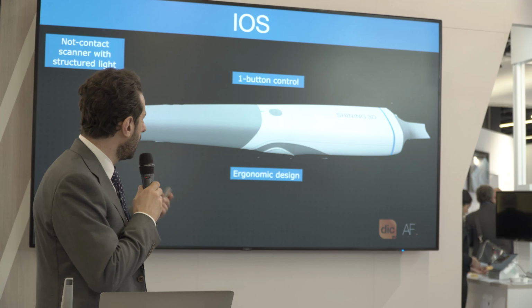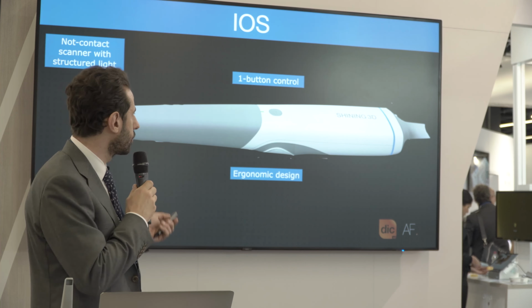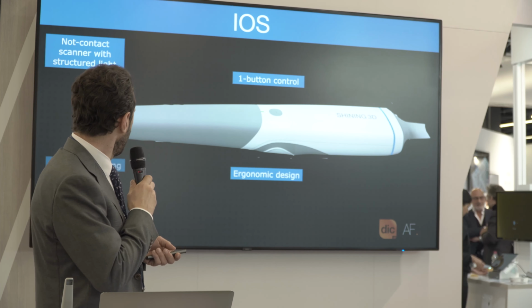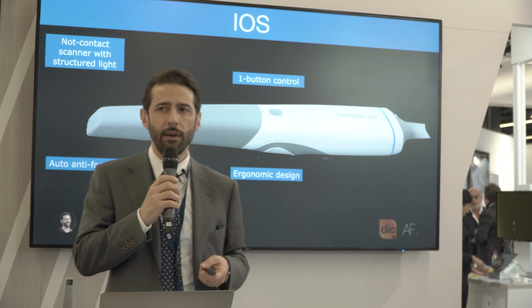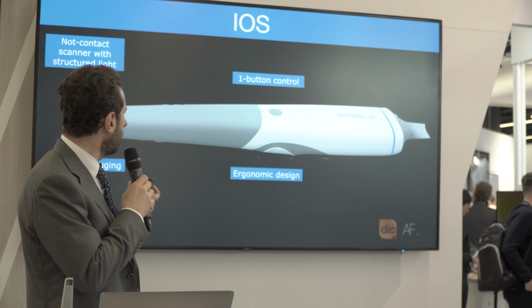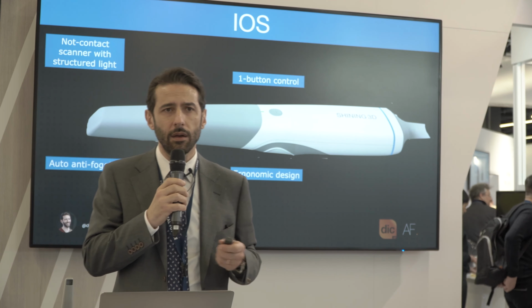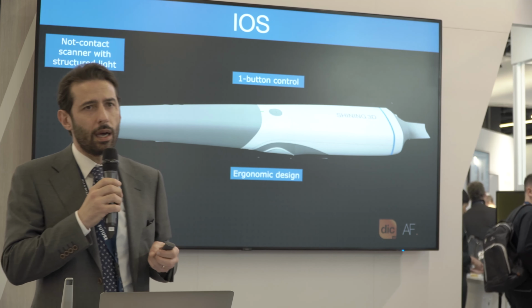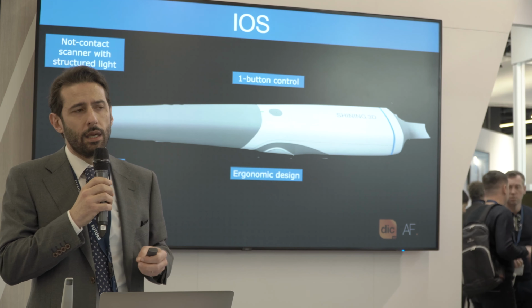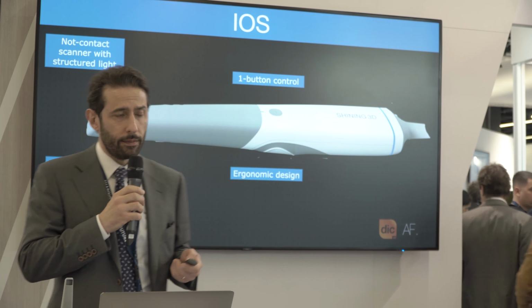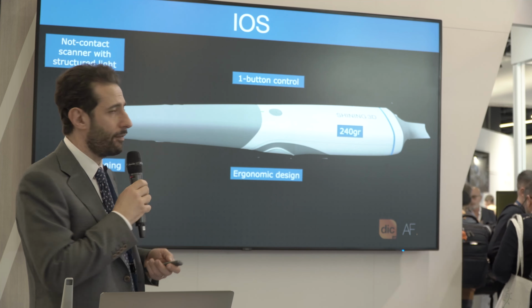We have one button to control the camera, and another very important feature of this camera is the auto anti-fogging. That is very important because otherwise it's very easy for the scan to become slow. In this case, we have a very fast scan.